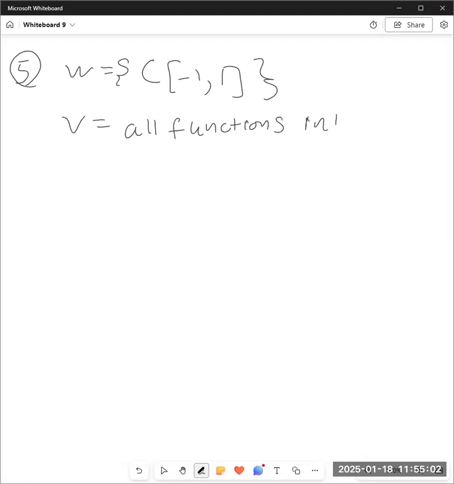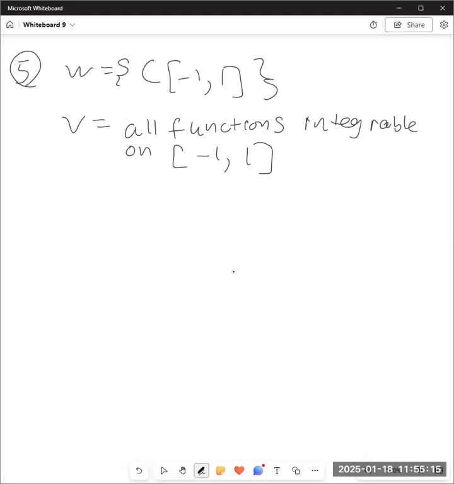It says W is the set of all functions that are continuous on the closed interval -1, 1, and V is equal to the set of all functions that are integrable on -1, 1.